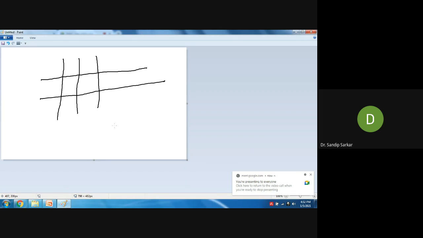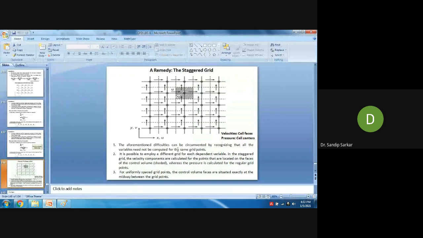Is that clear? Instead of specifying u, v, p at the same grid point, we can specify the primitive variables u, v, p at different grid points in a finite volume cell. That is called the staggered grid.